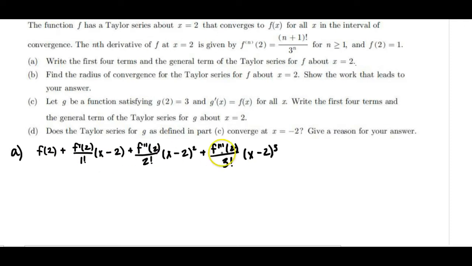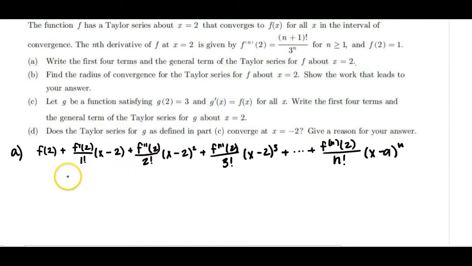So this is the first four terms in general. And now the general term, so that would be the nth derivative at 2 over n factorial times (x minus a) to the n. And now we're going to have to do some substituting.